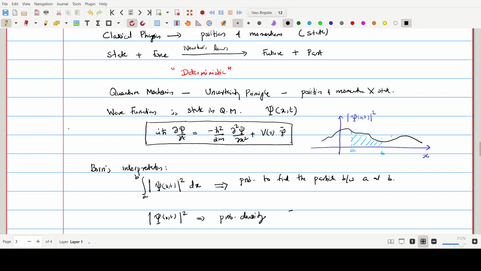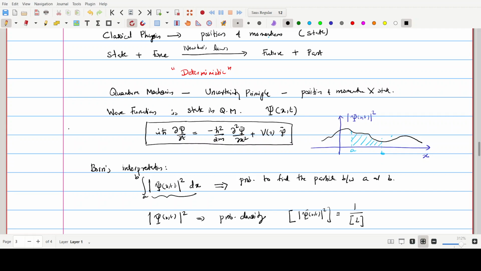If you look at the dimension of mod psi square, it should have the dimension of length inverse, because in this integration the result is a probability, and probability is a dimensionless quantity.